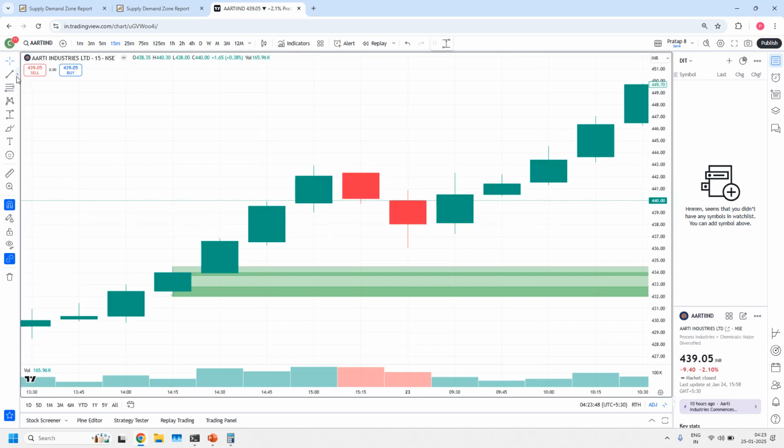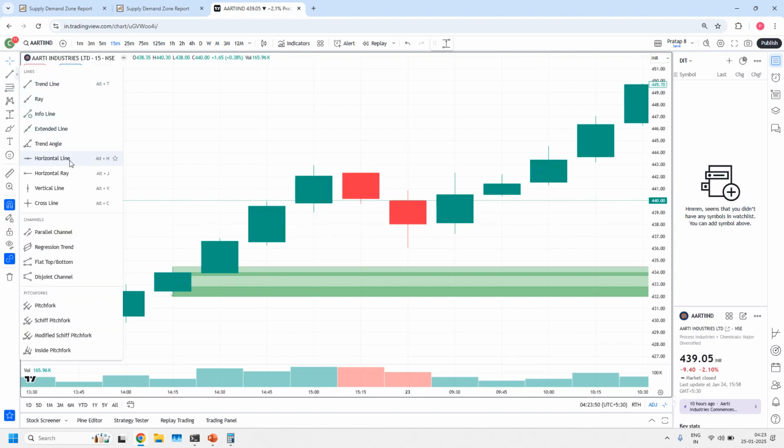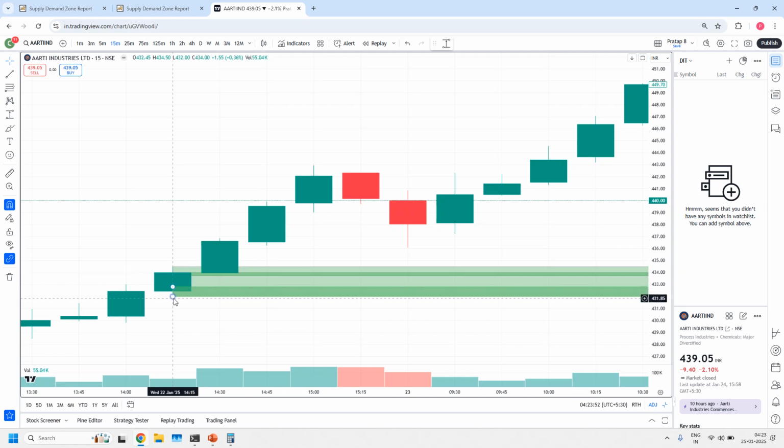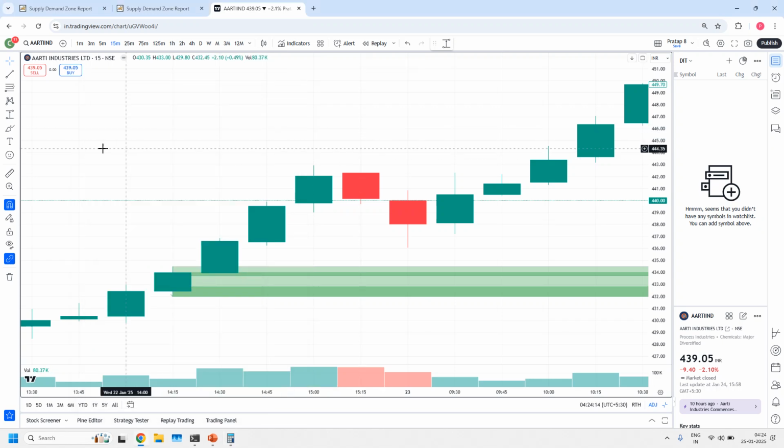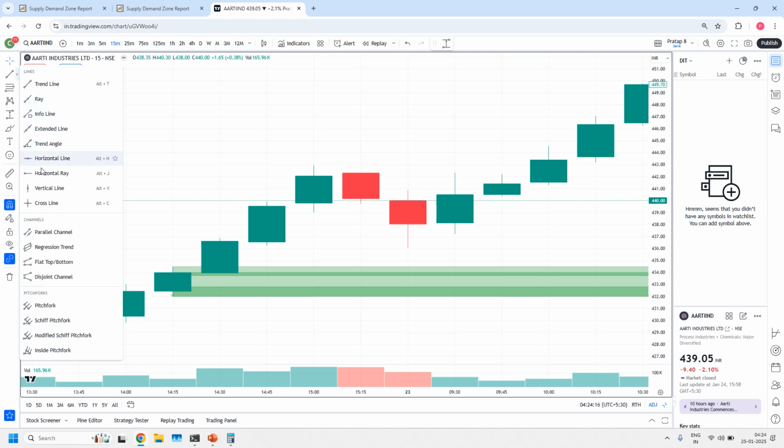So let me draw the stop buffer. Now what you have to do? You have to draw the stop buffer. So 432 was our distal line. 432 minus 0.8, this is our stop loss. 431.20 is your stop loss.